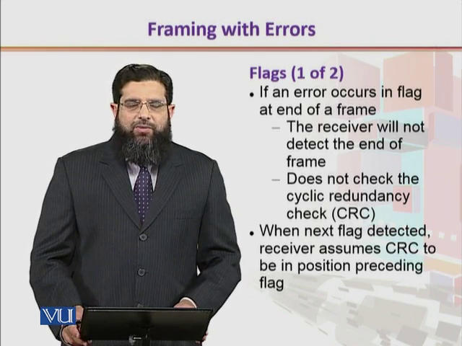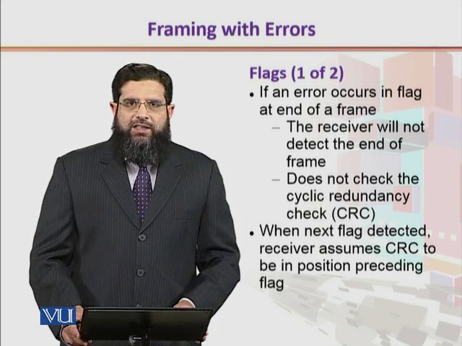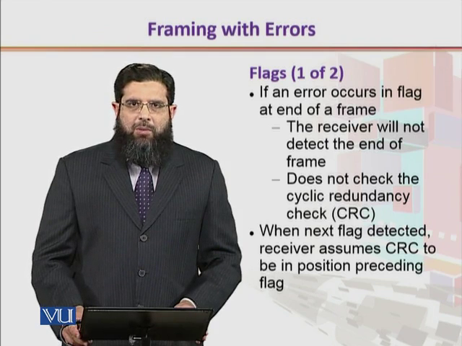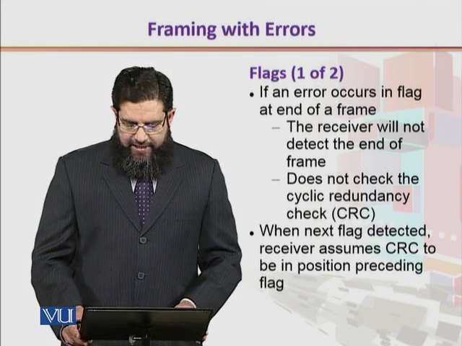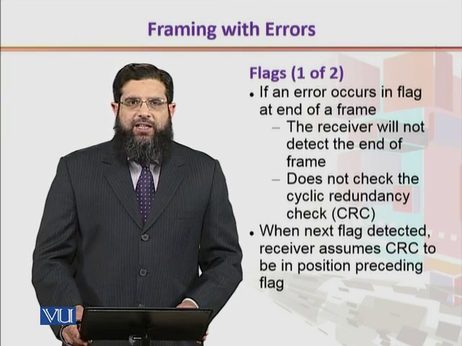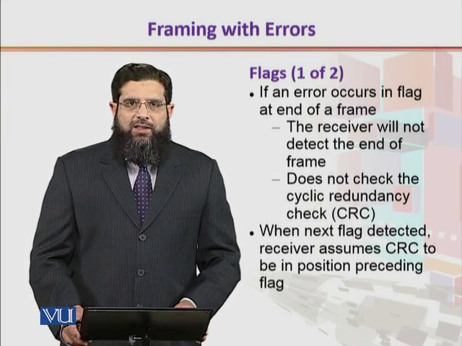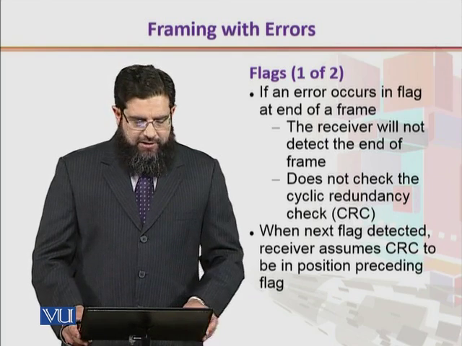Only when the next flag is detected, which is the flag of the subsequent frame marking the start of the next frame, the receiver assumes the CRC to be preceding that. But we know that the next flag is the start of the next frame, and anything preceding that would be the idle filler bits.